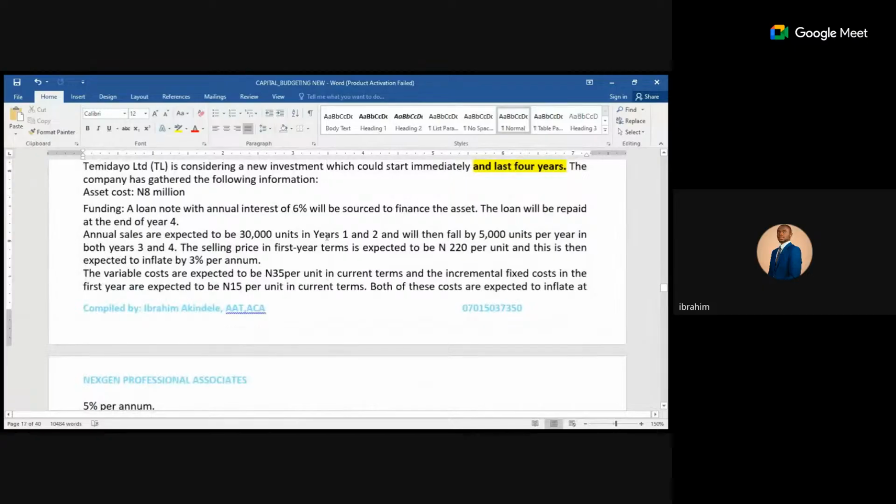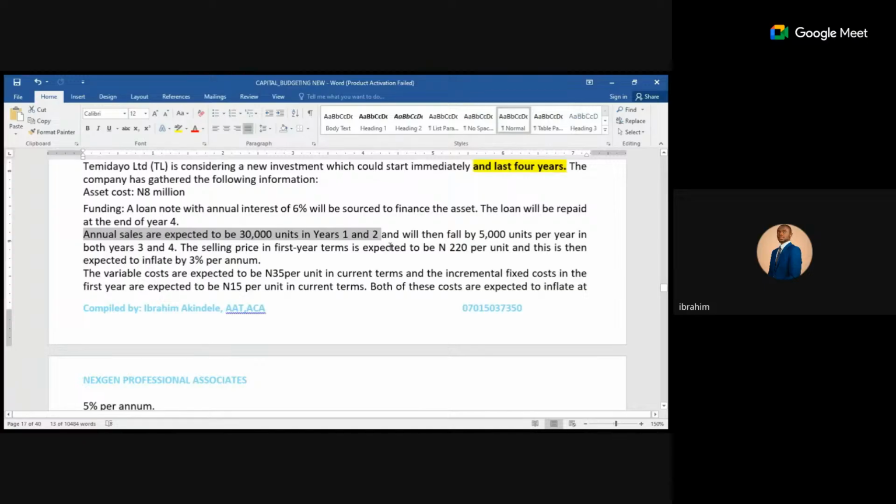Now what's next is the selling price. The selling price in first year terms is expected to be 220, and this is then expected to be inflated by 3% per year.